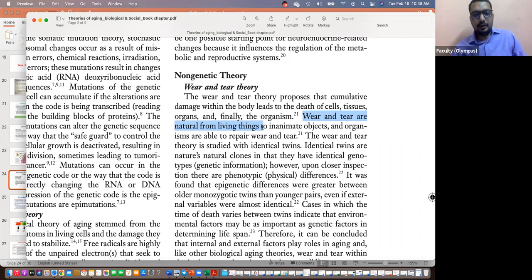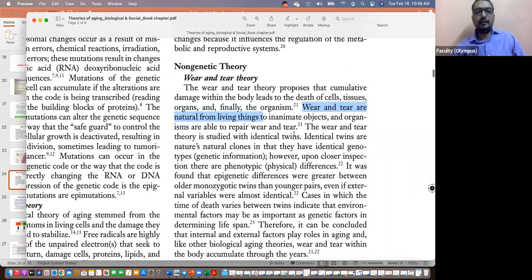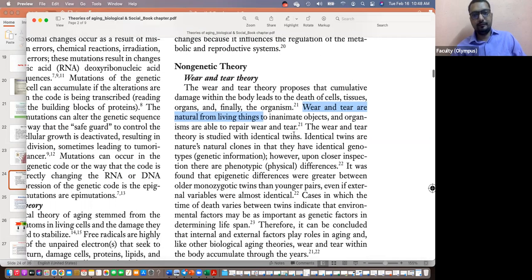Organisms are able to repair the wear and tear, but what happens is the ability to repair them is lost over a period of time. Like DNA damage repair, we can only do so for some age. Later that ability will be reduced. Like that, wear and tear eventually results in accumulation of those changes, which leads to the aging problem.